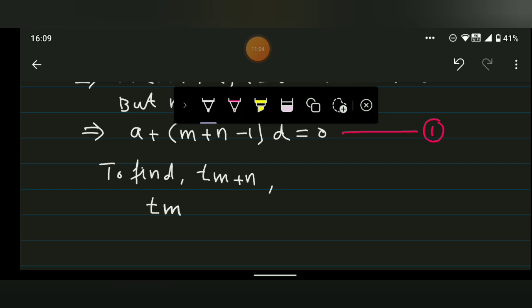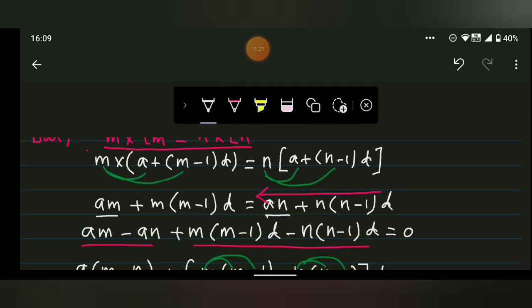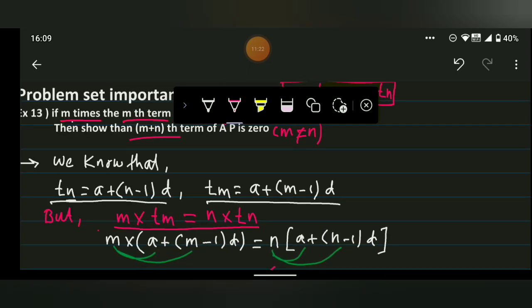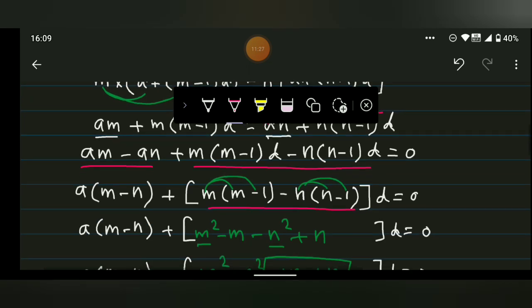So tm plus n is equal to a plus, now n is replaced by m plus n, minus 1 into d. Just replace this n by m plus n, we will get this formula.